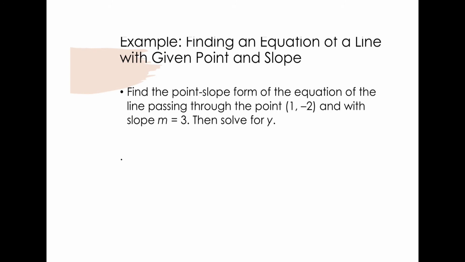So for example, if we want to find the equation of the line that passes through the point 1, -2, and has a slope of 3, then we're going to use the point-slope formula, which is y minus some number, blank. Again, I'm going to put it in parentheses, equal to m times x minus blank.